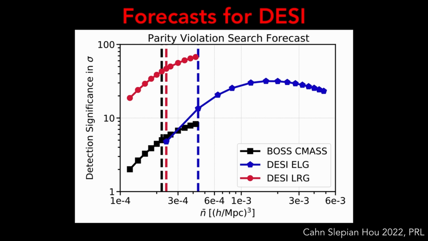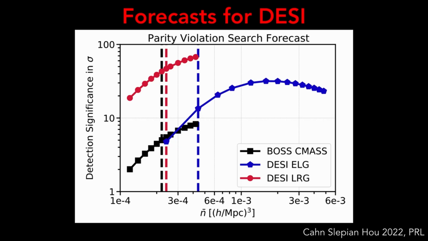Then we simulated using covariances with different number densities. That generated this black curve of other possible BOSS results to show you how the result depends on number density. Then we evaluated at the fiducial DESI number density, shown by the red vertical dashed line, what year 5 of DESI would actually get us if the BOSS result is real. You can see that DESI year 5 gets us about 40 sigma if the BOSS result is real at 5 sigma, and that's in the LRG sample.